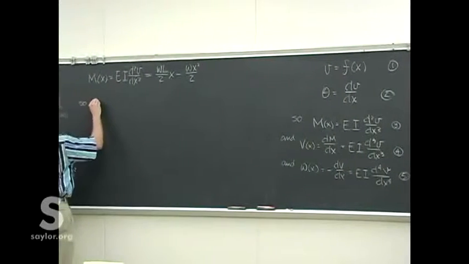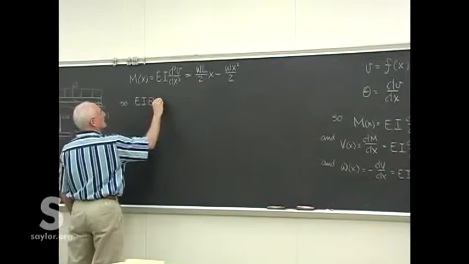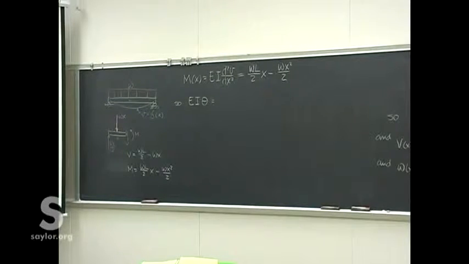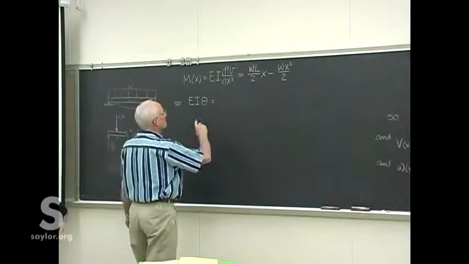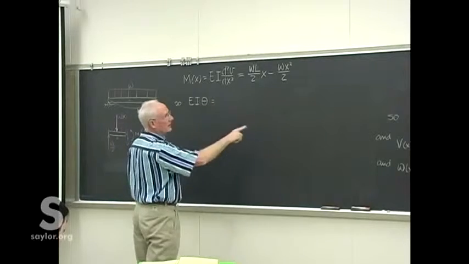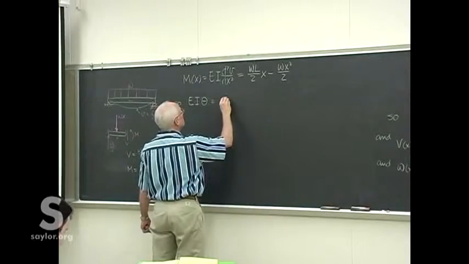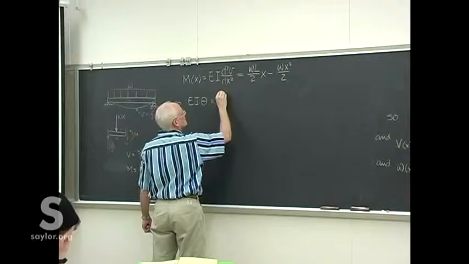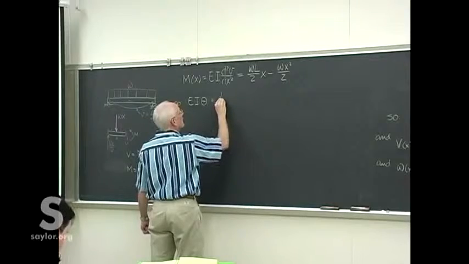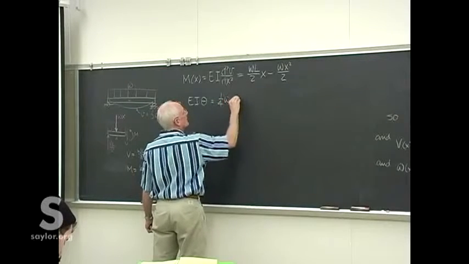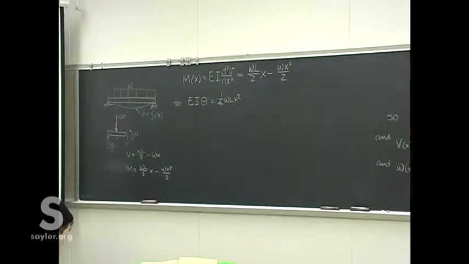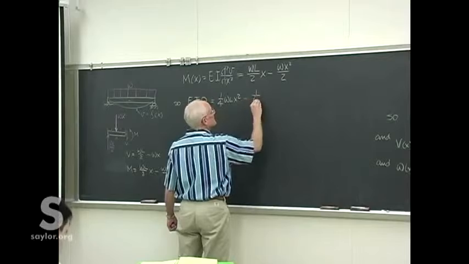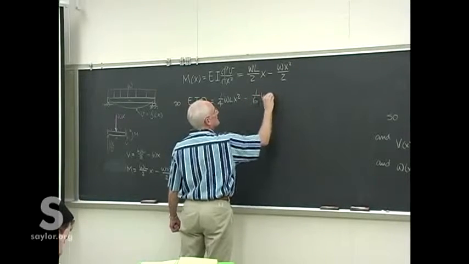So E, I, theta, I know you're tempted to start singing EIO, that'd be fun, is now the second derivative of this, so we integrate this once, so this is 1 over 4 WLX squared minus 1 over 6 WX cubed.